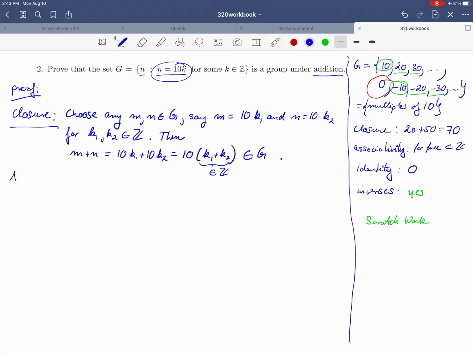Now, how do you write down associativity? Pretty much the same way we did before.